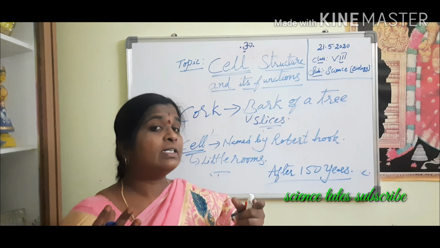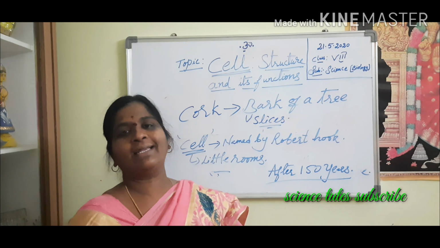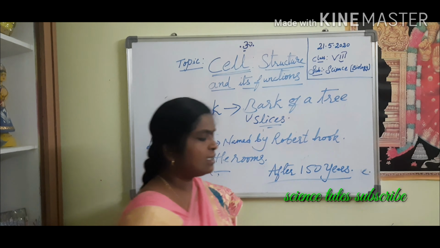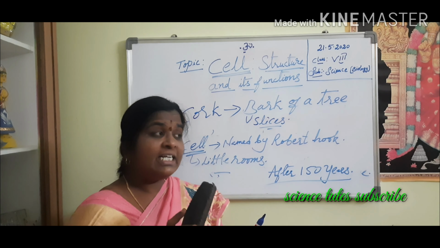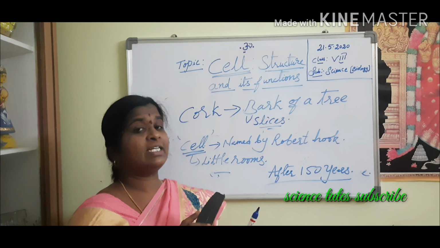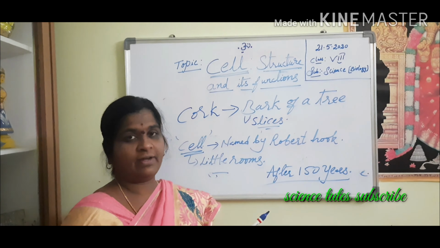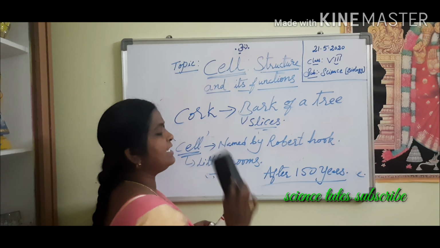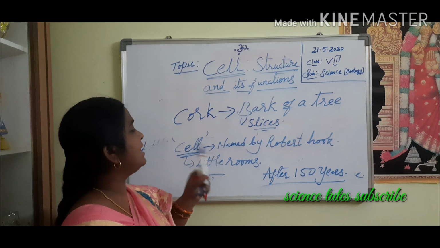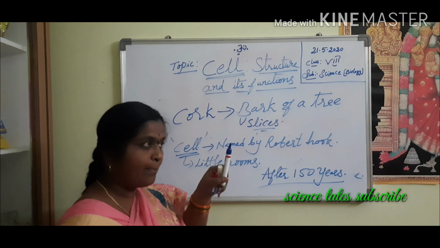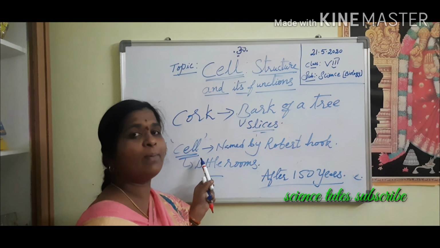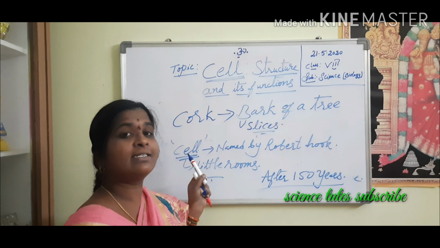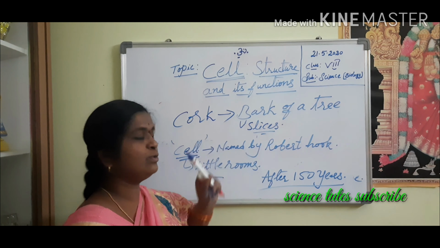They discovered well advanced microscopes, because Robert Hooke only identified the structure of the cell. That means how the cell looks under his self-designed microscope. At that time he named that compartment a cell. He gave the nomenclature for that compartment.